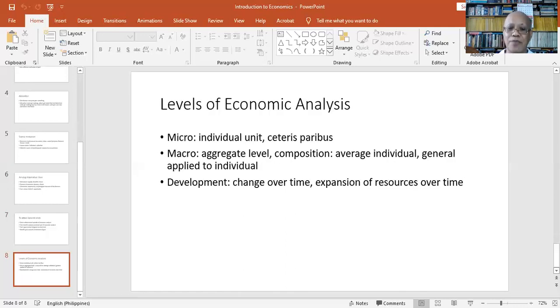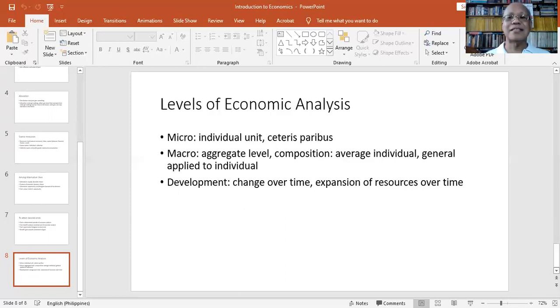So when a firm or the firms in a particular industry are expanding profits and hiring more laborers, that may not necessarily be true of the entire economy, because there will always be some other firms who are not making a lot of profit and therefore might need to be laying off workers. So one has to be very clear about the difference between a microeconomic method of analysis and a macroeconomic analysis.